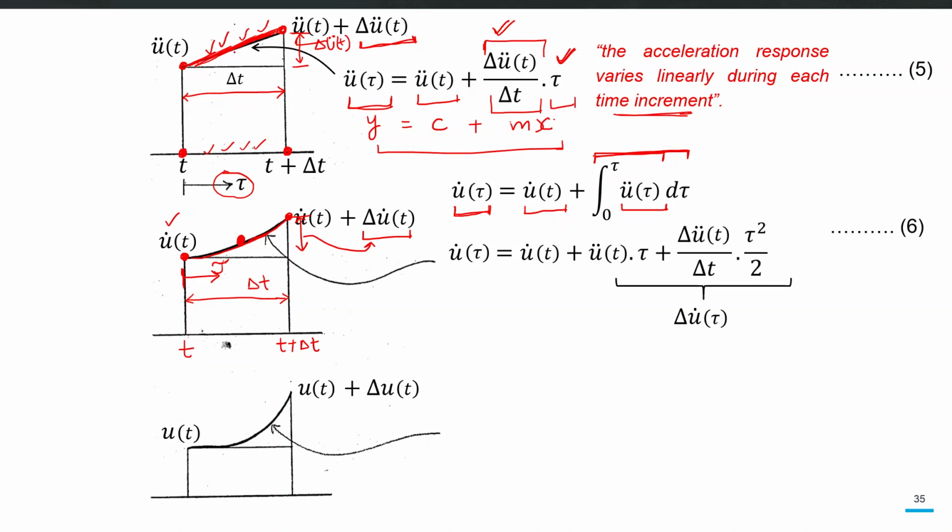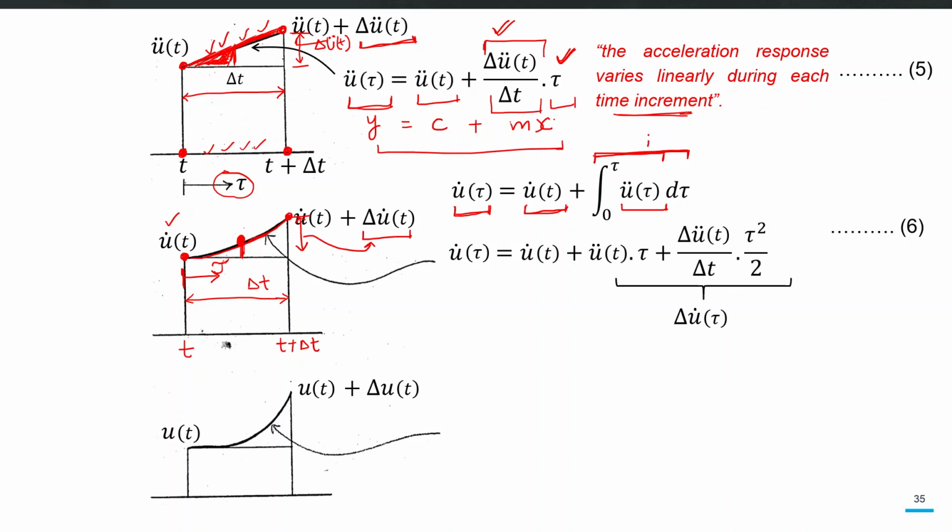So what we can do is that we have to integrate this acceleration function at the same time instant, at the same tau value, and that integration will basically give us the increment in velocity at that instantaneous value. So the u dot of tau is equal to the u dot of t, which is the initial value, plus the increment.